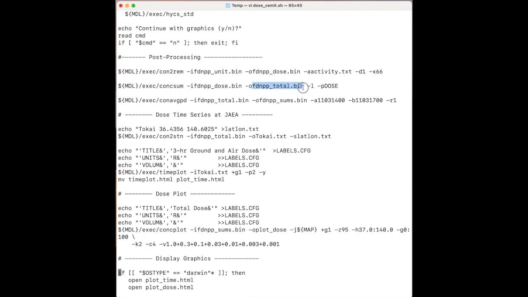In the third and last post-processing step, conavgpd, con averaging period, the 3-hourly dose values are summed together to obtain a total dose and written to the file as a single output time, covering the specified averaging time. The remaining graphics processing is similar, but we have no measured dose data at Tokai to compare with the model predictions.